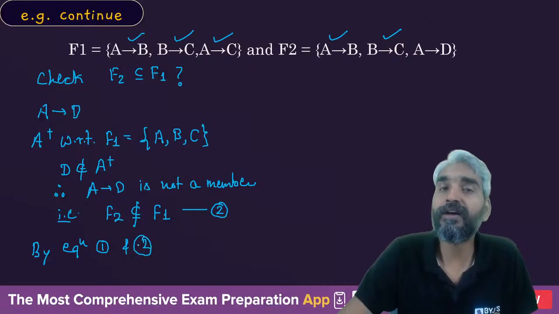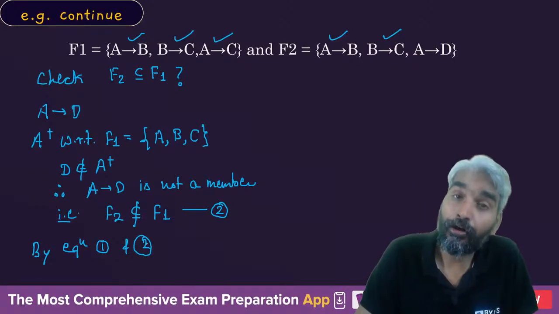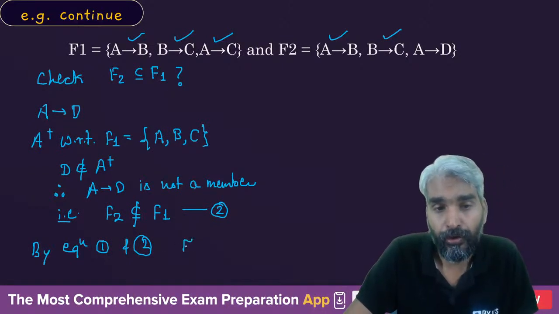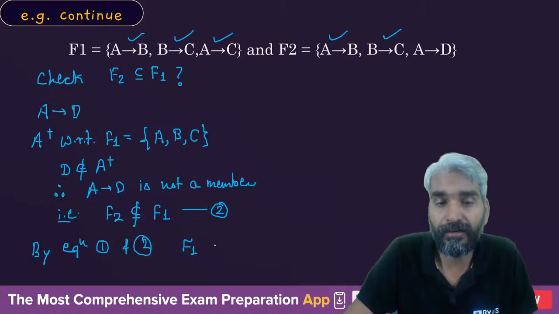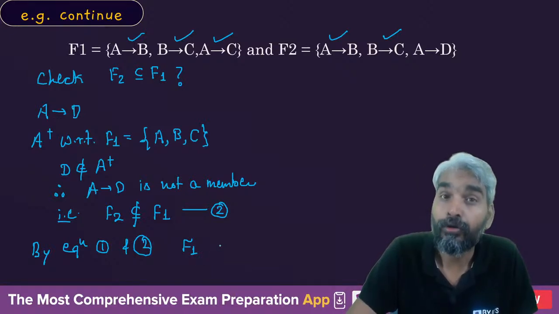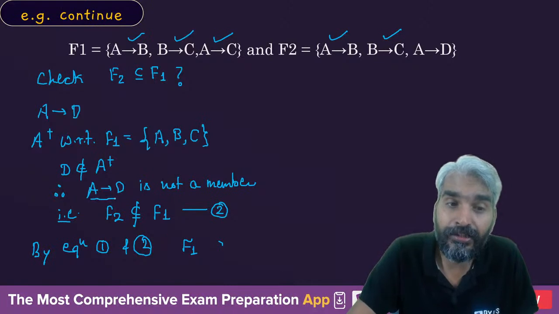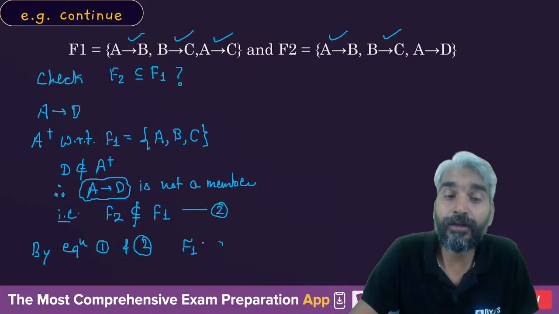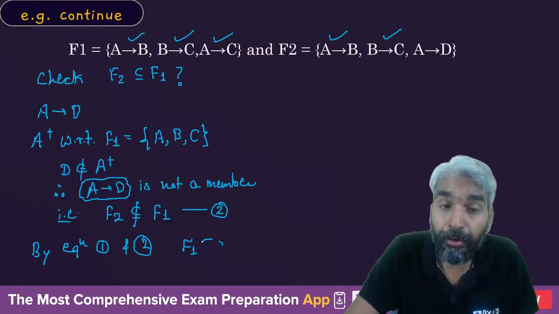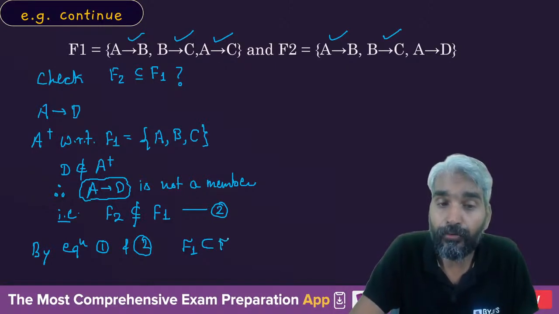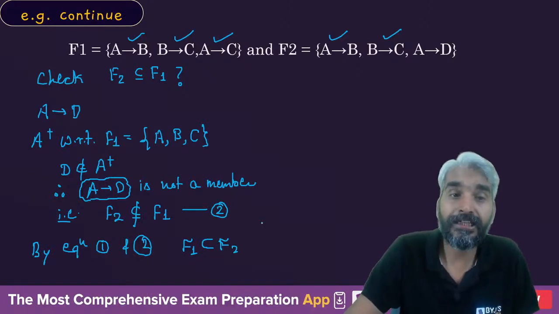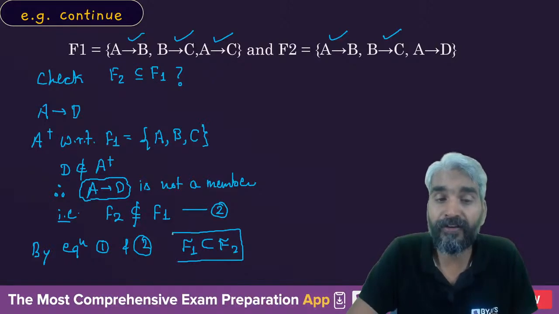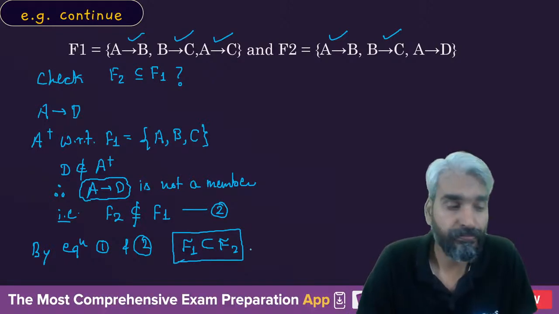By equation 1 and 2, we know one thing, that all the FDs of F1 are present in F2, but there are some FDs in F2 which are not present in F1. Therefore, can we say that F1 is a proper subset of F2? This time, this equality symbol will not exist because F1 is a proper subset of F2. Yes or no?